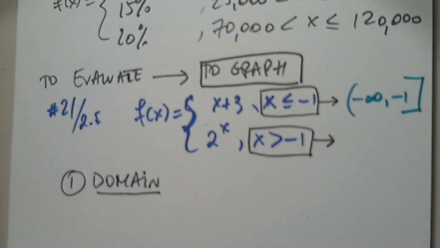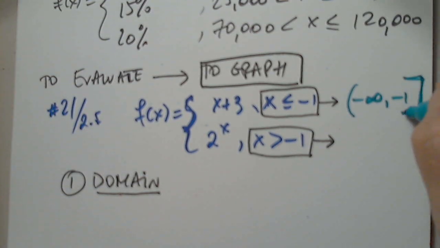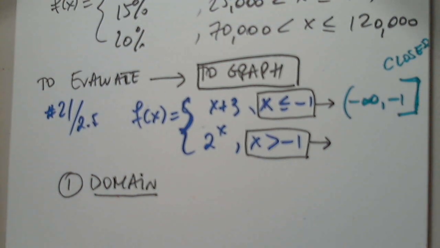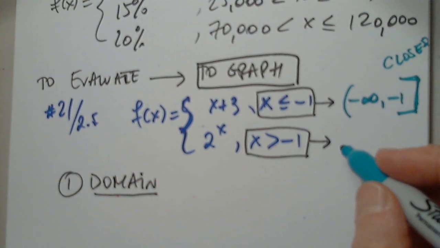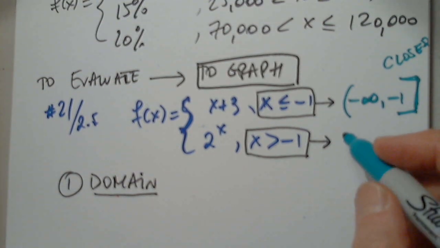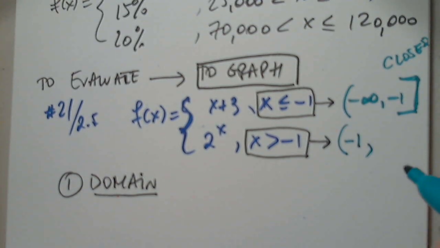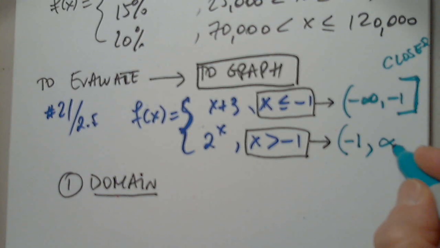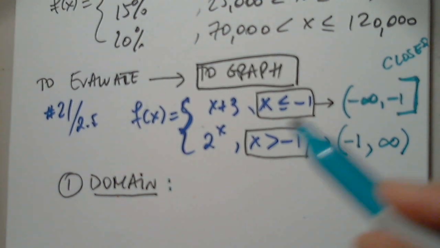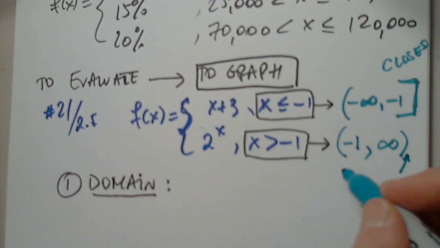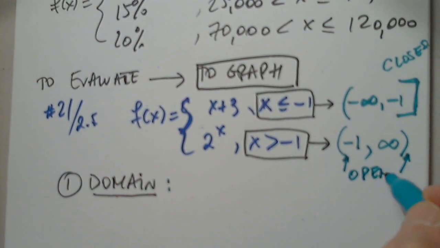Sorry, did I not say negative? Yes, and then a hard bracket on -1. Perfect. Yes, this is called closed, or bracket. Good. What about this one? X greater than -1. With parentheses, parentheses -1, comma, infinity. Very good. So this is called open. These are called open, or parentheses.